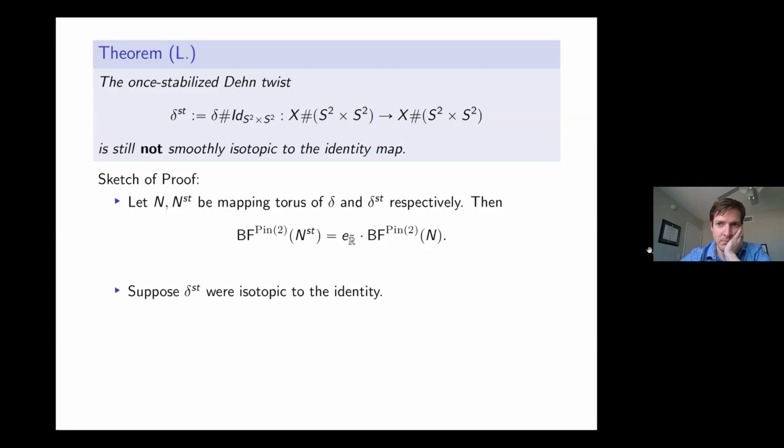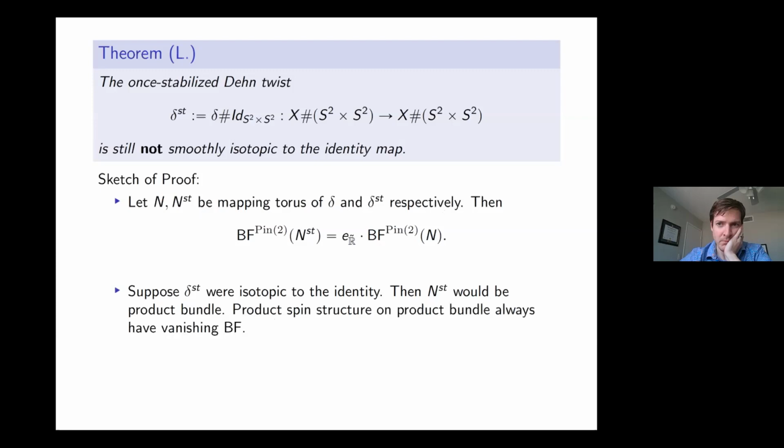Suppose this delta ST is smoothly isotopic to the identity, then this would just be the product bundle. And we know if you use the product spin structure on a product bundle, the Bauer-Furuta invariant will always vanish.